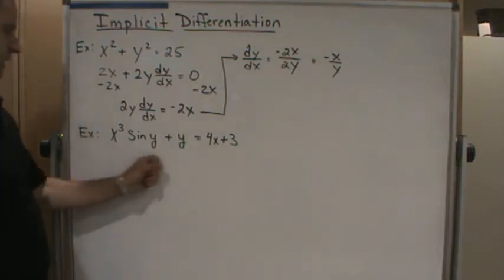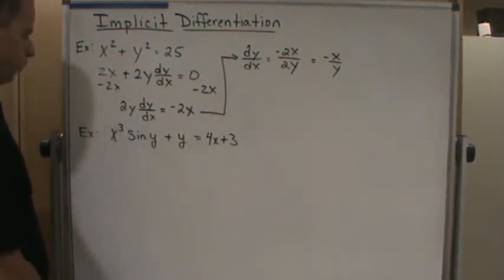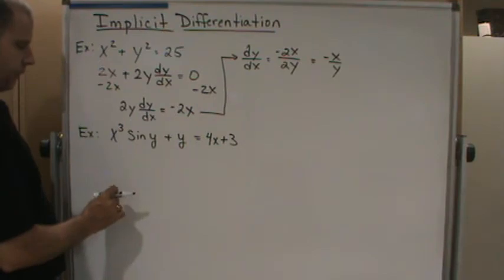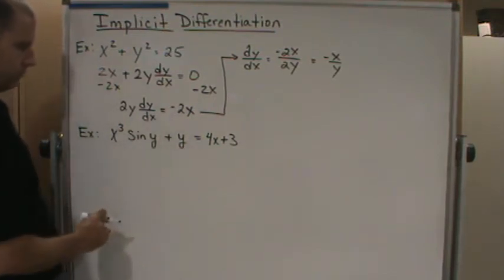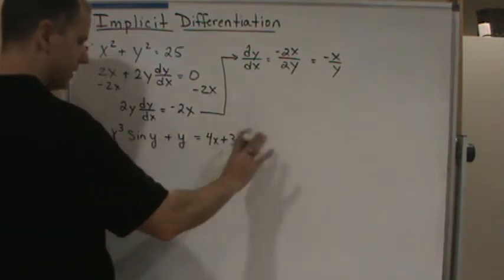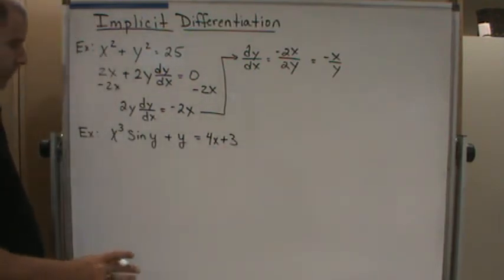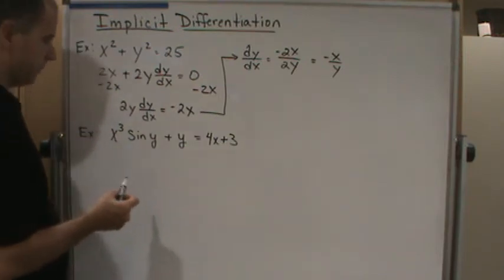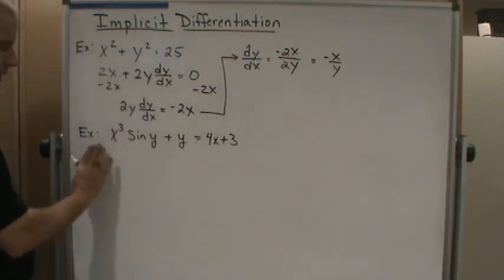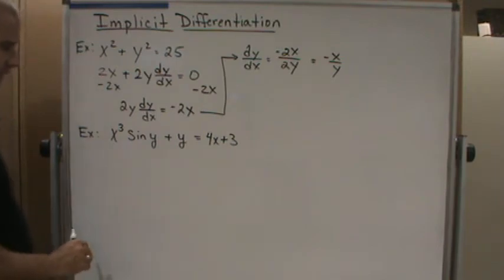Now let's look at this example here. In this example we have a couple of things going on. We have a product, and we have another one here. Again, I'm going to go through the steps and solve for dy/dx. We're assuming this implicitly defines the function y.